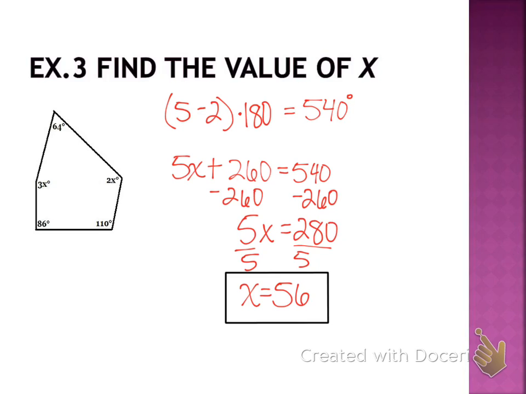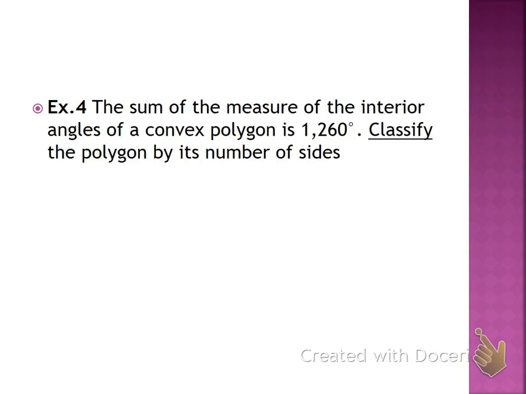Okay, I know we got several new ideas today, but hopefully they're not too challenging. Number 4 switches it up a little bit. The sum of the measures of the interior angles of a convex polygon is 1,260 degrees. Classify the polygon by its number of sides.